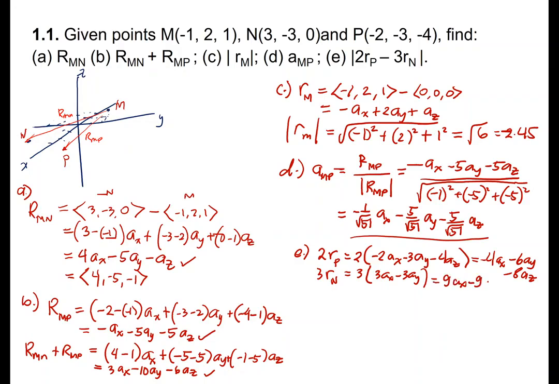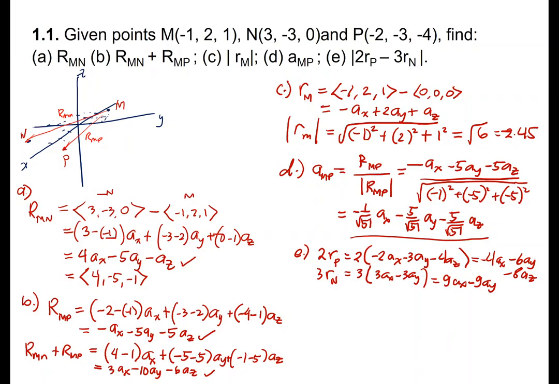And then the next step is we do the subtraction between 2RP and 3RN. This follows PEMDAS: parenthesis, multiplication, division, addition, subtraction, the basic order of operations in math.